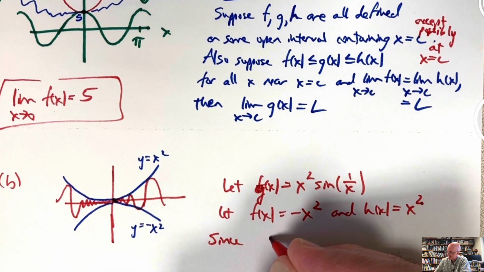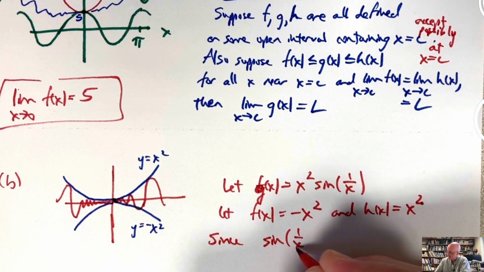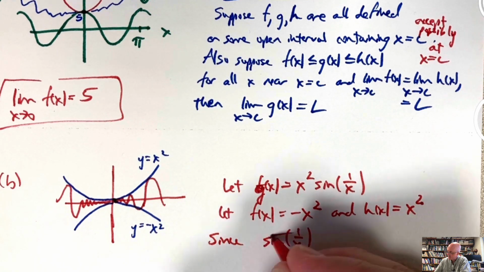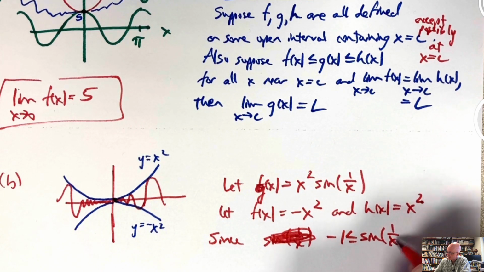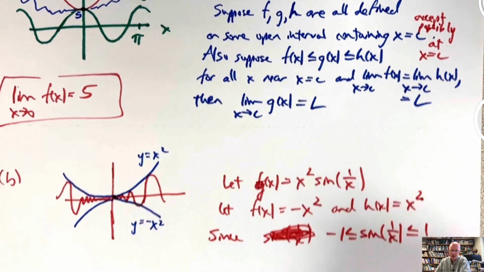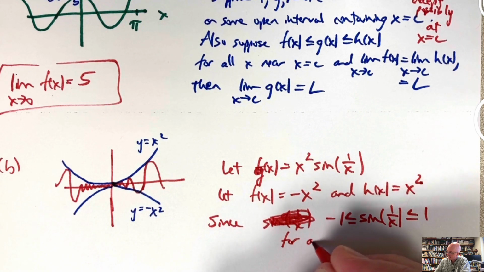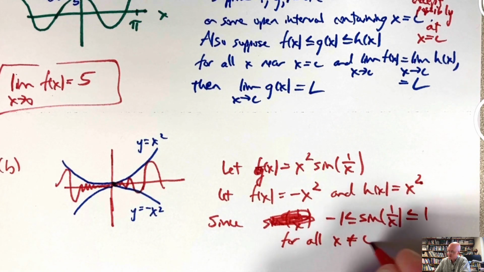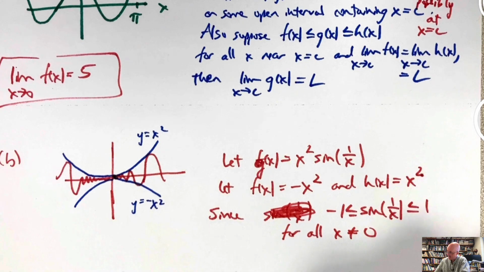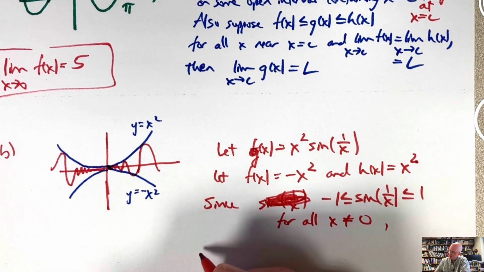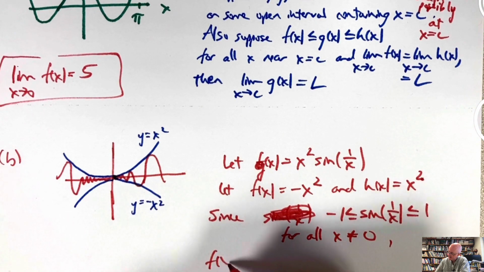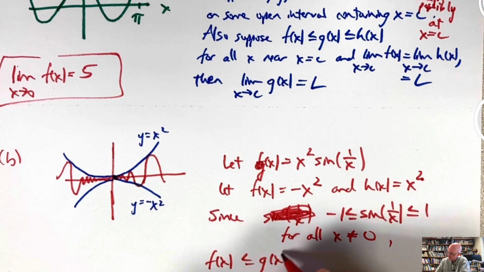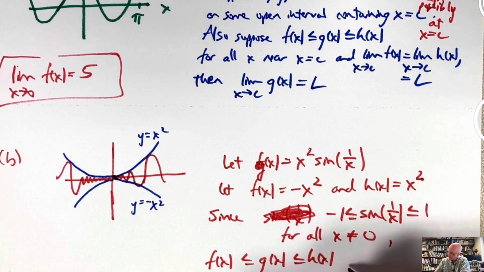Since sine of 1 over x is between -1 and 1 for all x, where it's defined, which doesn't include 0, we can say that these inequalities are true. F of x is less than or equal to g of x is less than or equal to h of x for all non-zero x as well.